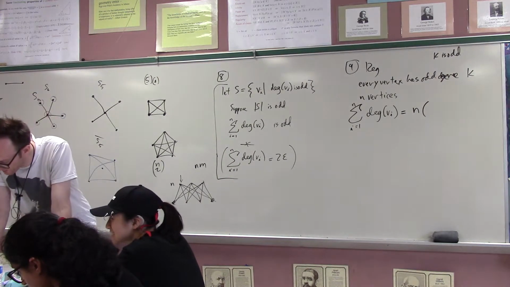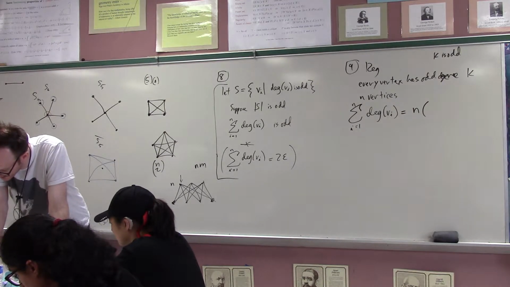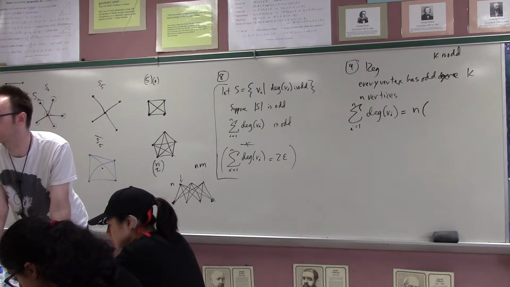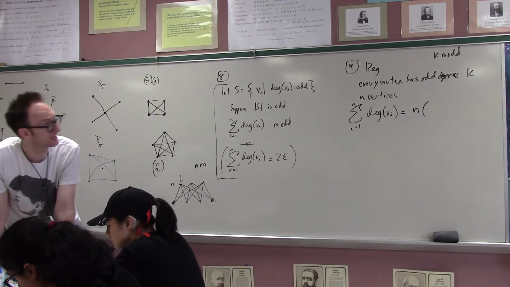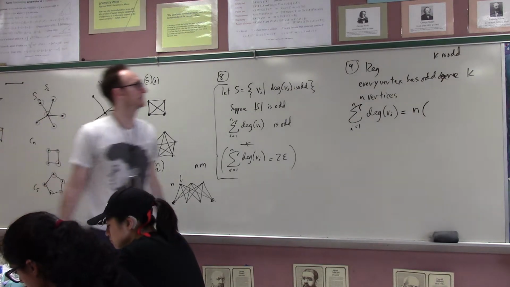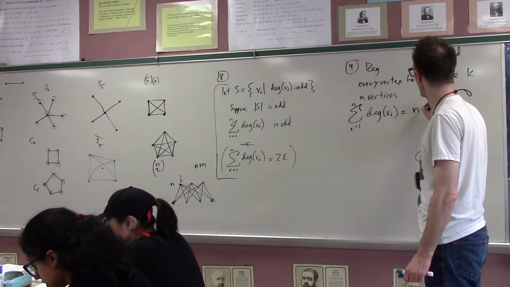Okay, hold on. Staying focused. Anyway, what is this trying to say? We have a regular graph, so every vertex has the same degree. Also, every vertex has odd degree, and let that odd degree be k, just so we're all using the same letter. Well then, the sum of the degrees of all the vertices is just nk.